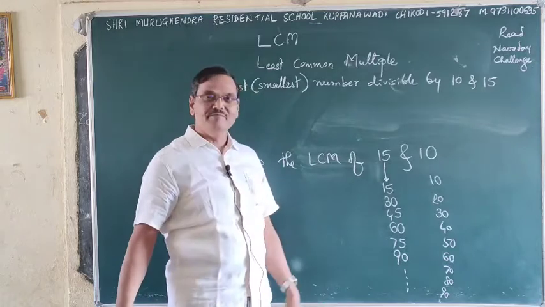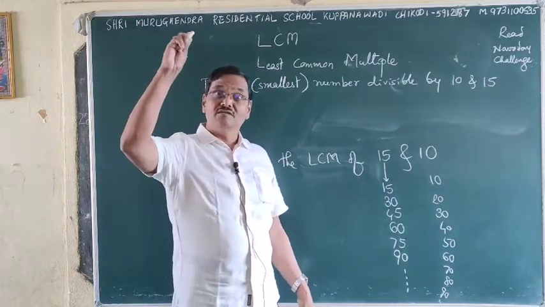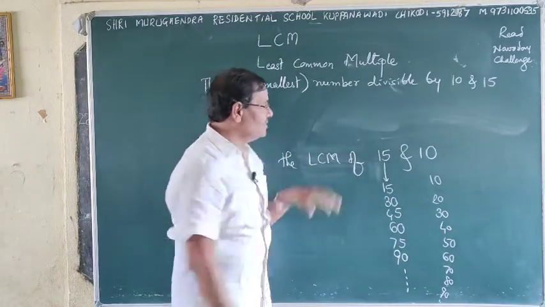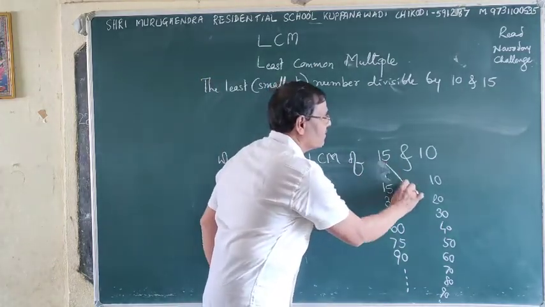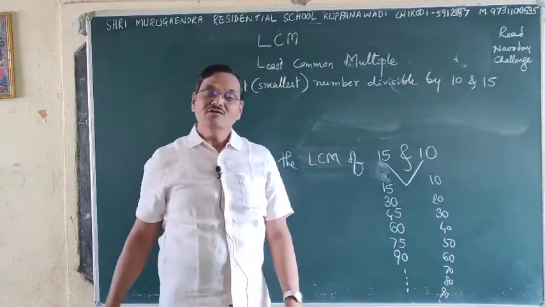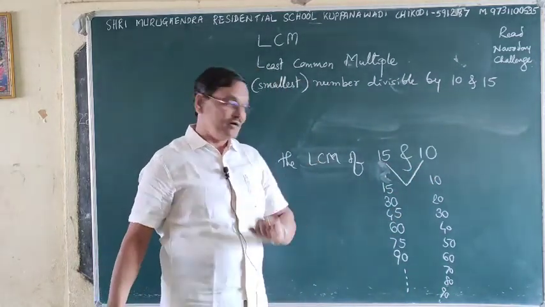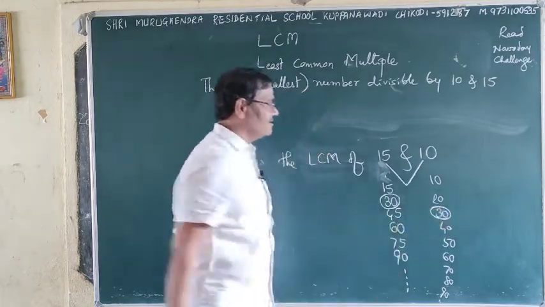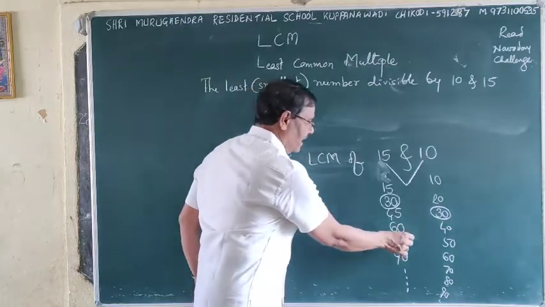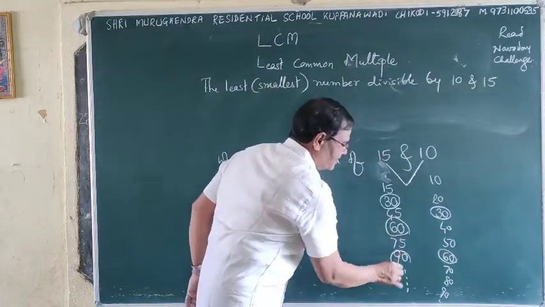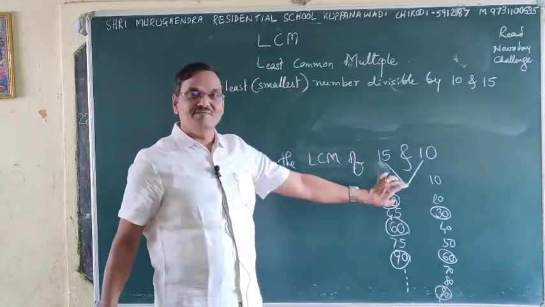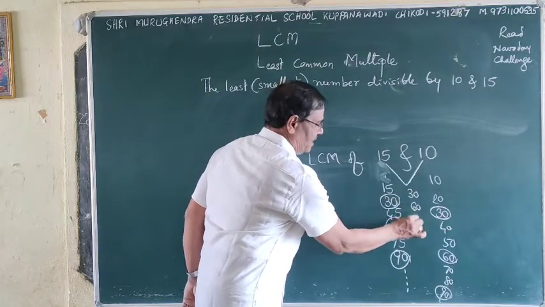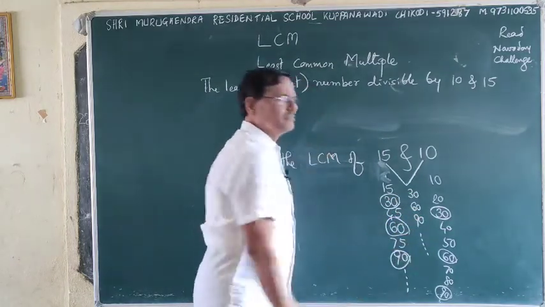See, now check it. The number you have to find should be divisible by both the numbers. See, 30 is there, here also 30. And its multiples 60, 90. These are the common numbers, isn't it? 30, 60, 90 and so on.